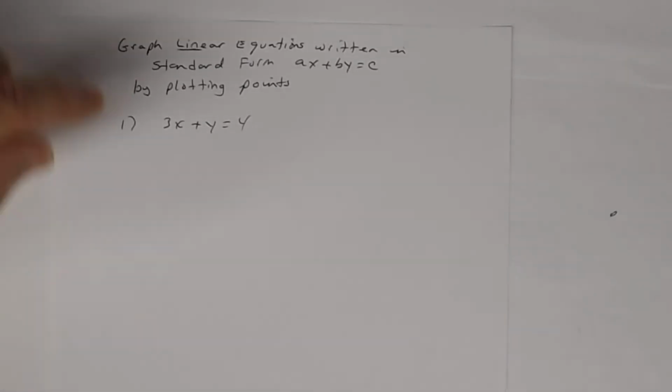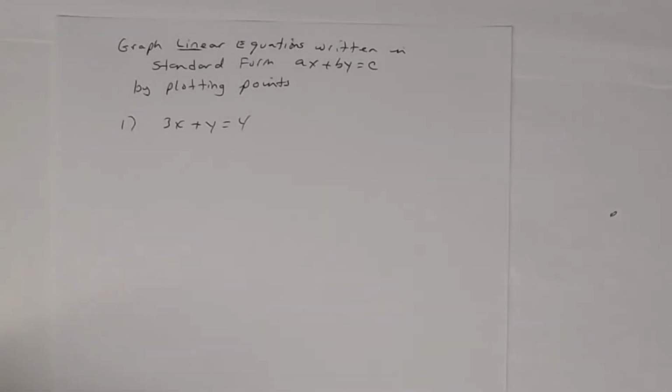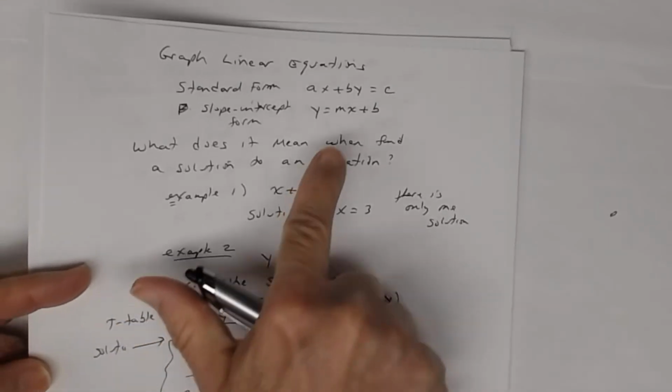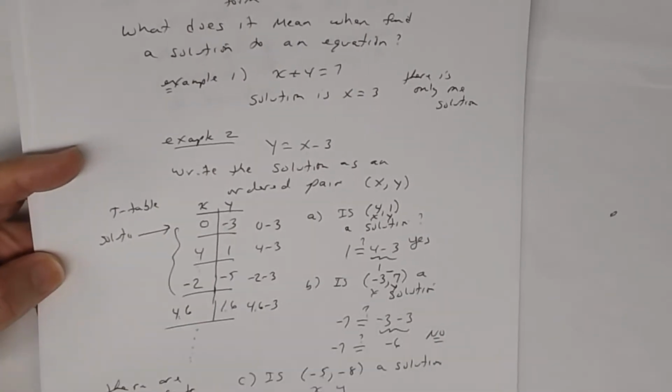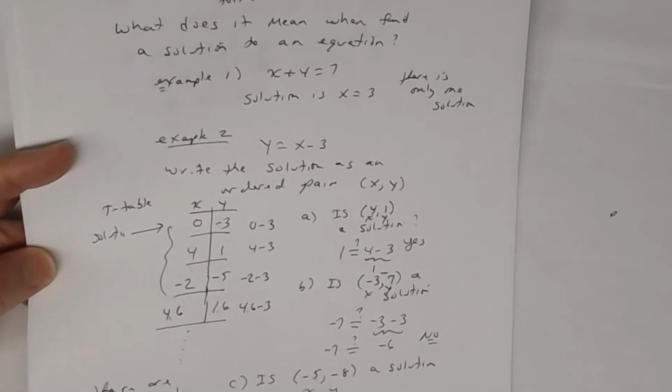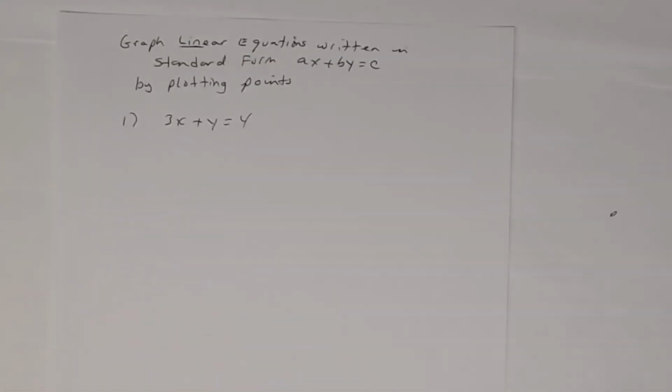Now it looks like what we did in the previous lesson, and you could just plot some points using a t-table. We're going to do that in all the problems, but we're also going to talk about some other situations in which students graph these or find points that are solutions to this equation.